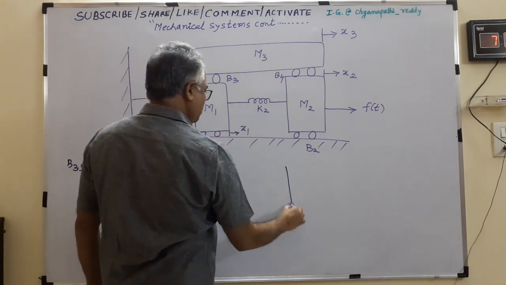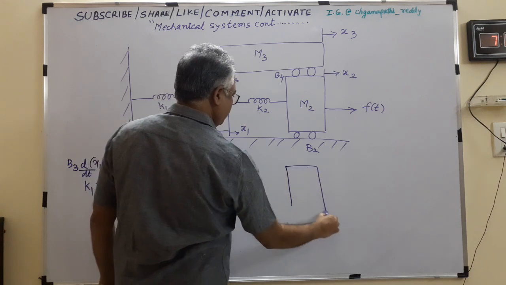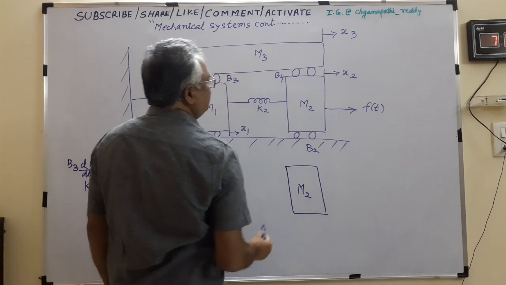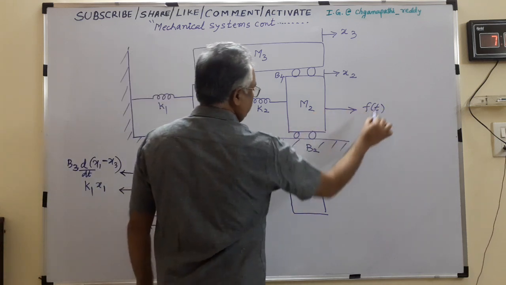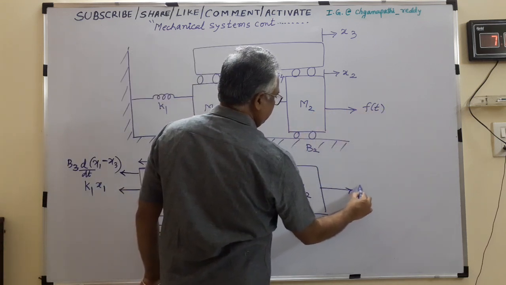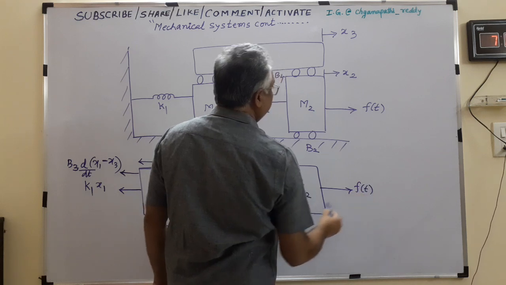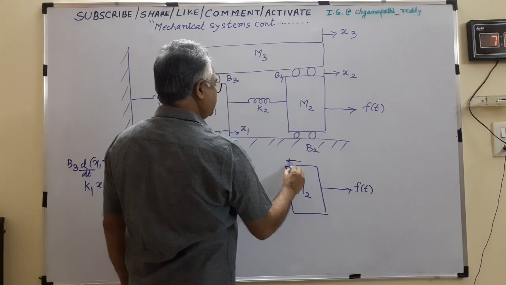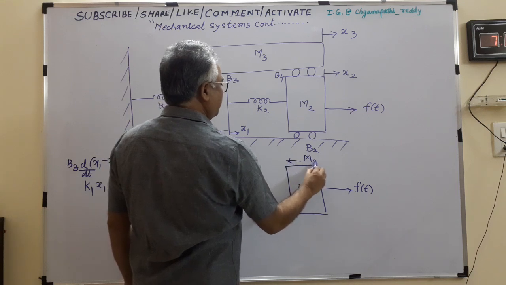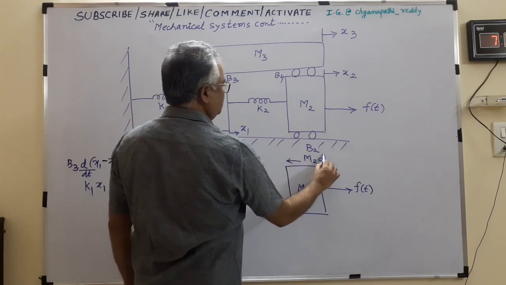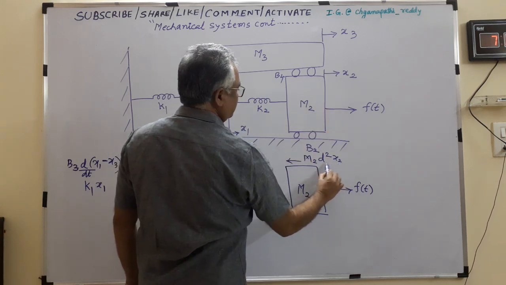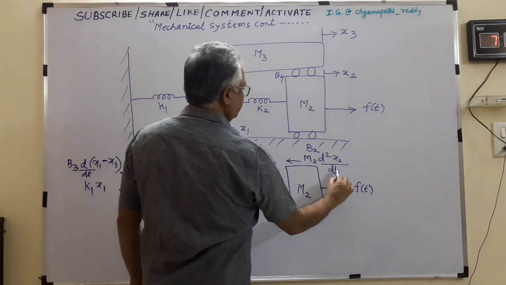Then coming to M2, we are applying force this side, F of t. Then opposite one force is M2 d square x2 by dt square.